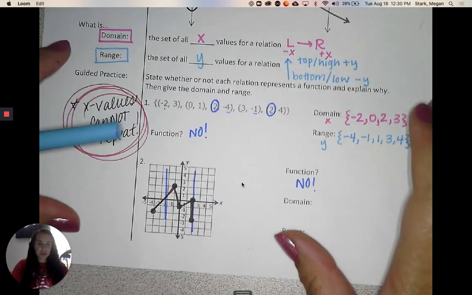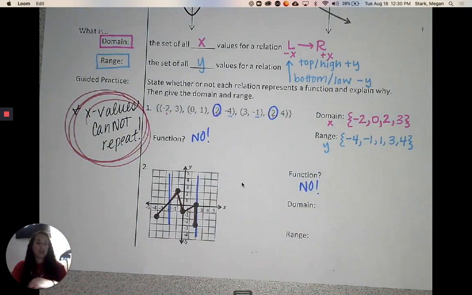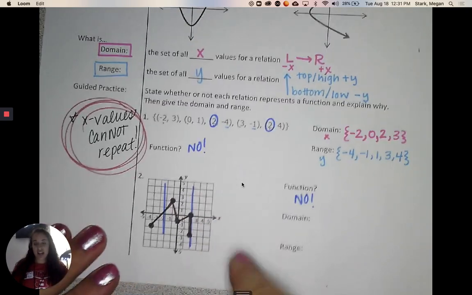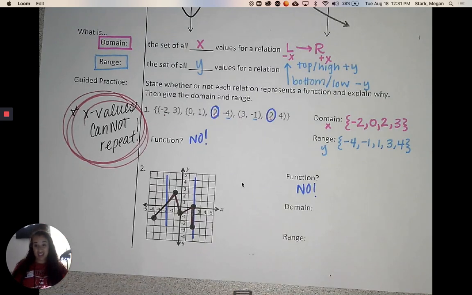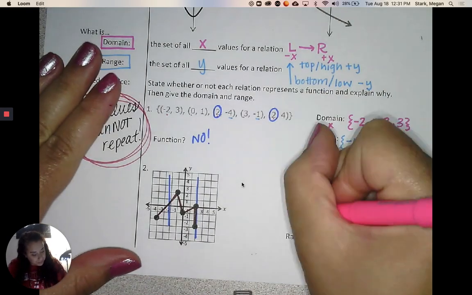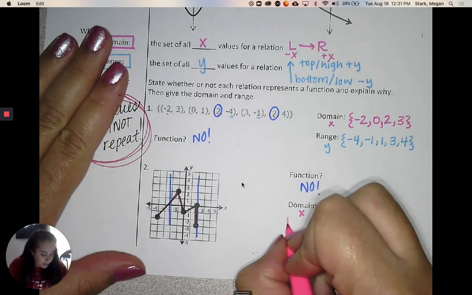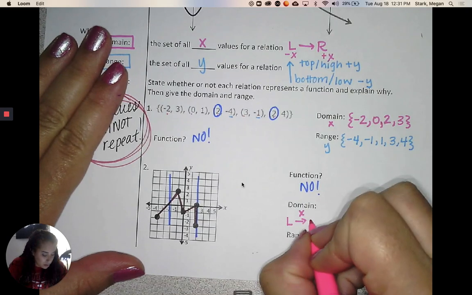example 2. So this one's a little bit trickier because we have a graph. Now, everyone that I know thinks that finding domain and range from a graph is actually the hardest. Okay, and in some cases it can be. All right, so we're going to look at domain, which is our x values. And remember, we are going left to right.